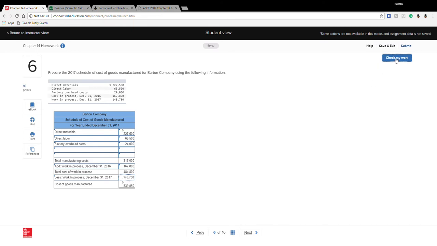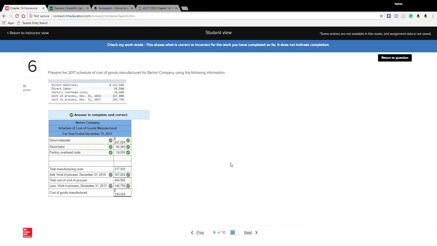Boom. Check my work. Everything good. Answer is complete and correct. Awesome sauce. So again, this one's familiar to problem 3, except it's just switched these two, but still you just subtract it out to get the other one. That's all you end up doing.